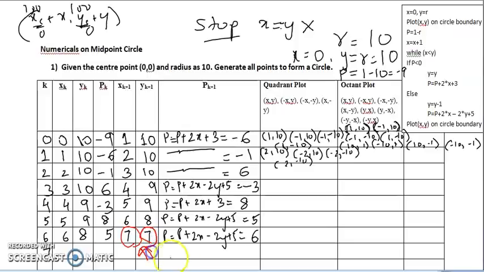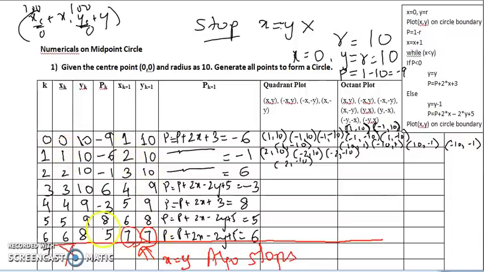So this is nothing but the condition when my x is equal to y and my algorithm stops. So this is the stop condition for your iteration. So I don't move on to step number 7, and I have reached my final iteration at step number 6. So these are the points that will be plotted for one octant. Yes, so these are the points that are getting plotted once the calculations are done.